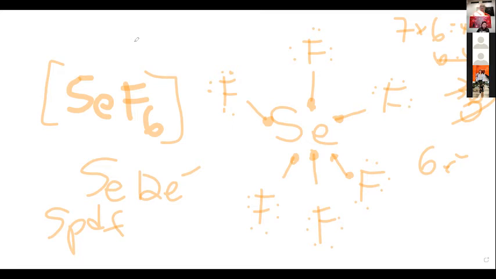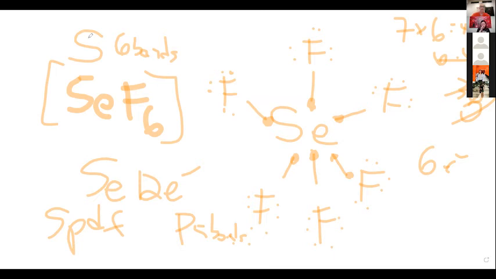But for instance, sulfur has 6 valence electrons and often makes 6 bonds. Phosphorus has 5 valence electrons and often makes 5 bonds. The same goes with selenium, with 6. They often make 6 bonds.